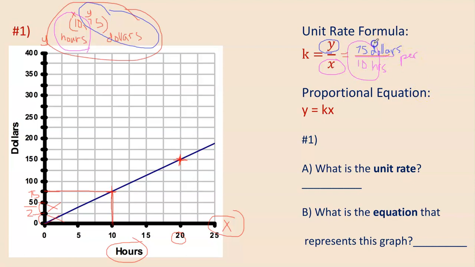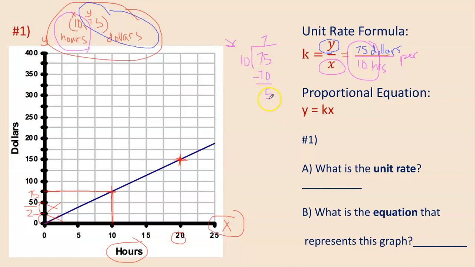To find the unit rate, we need to actually divide. So we take the number 75 and we divide it by 10. Remember, the denominator goes on the outside. 10 goes into 75. That would be 7 times. 7 times 10 is 70. I subtract. I get 5.